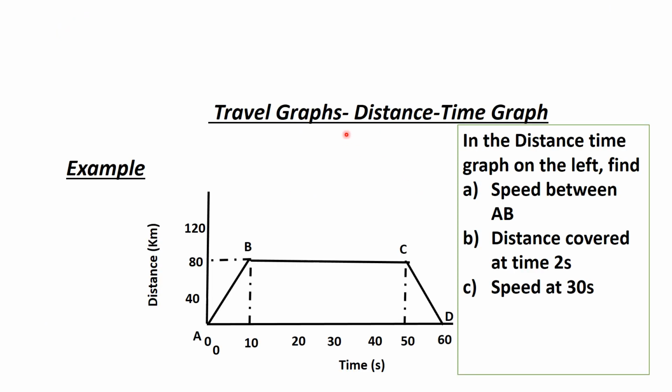So let's take a look at an example. In the distance time graph on the left, find the speed between AB. They want us to find the speed between AB. Then they want the distance covered at time 2 seconds.